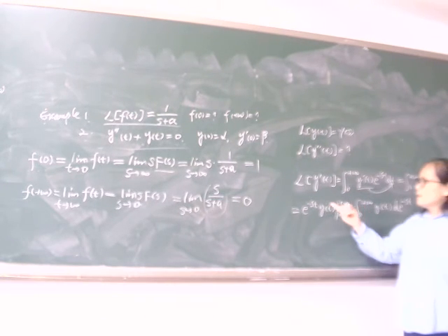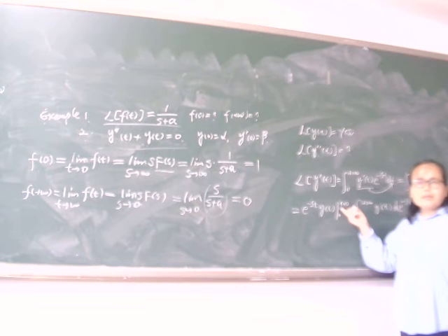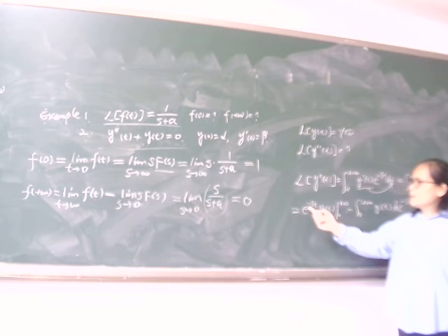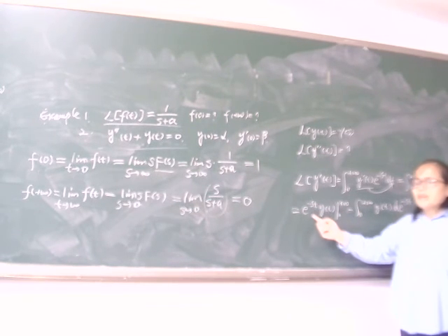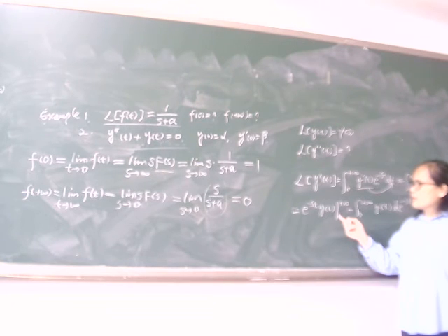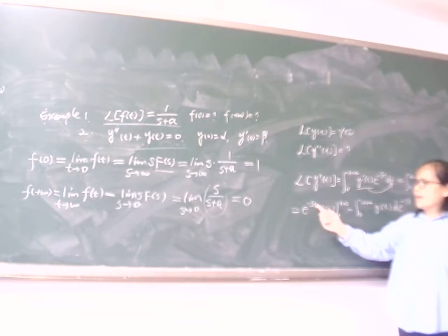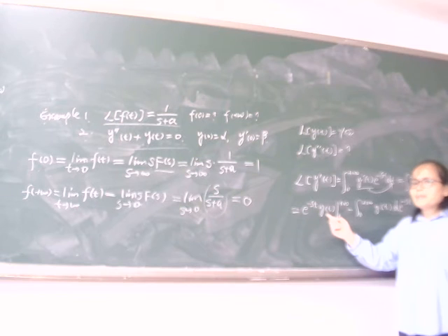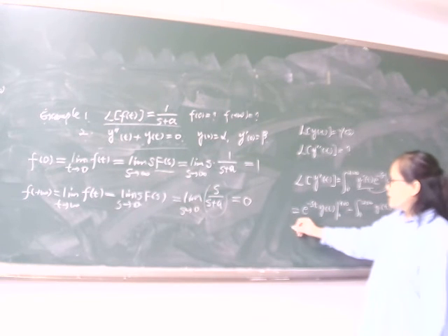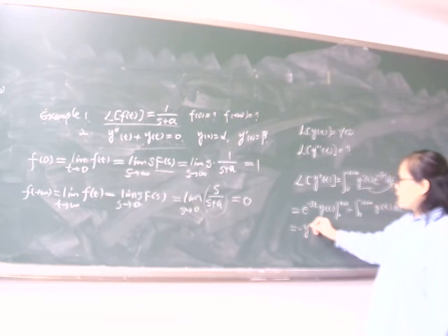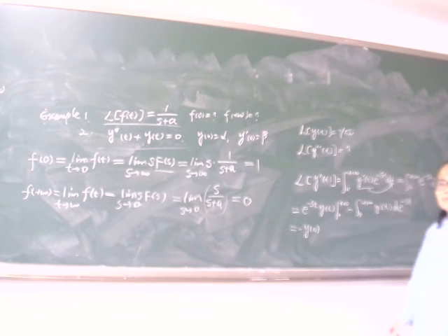If t tends to infinity, this part is 0. And at t equal to 0, e^0 is 1, so only minus y(0) remains.